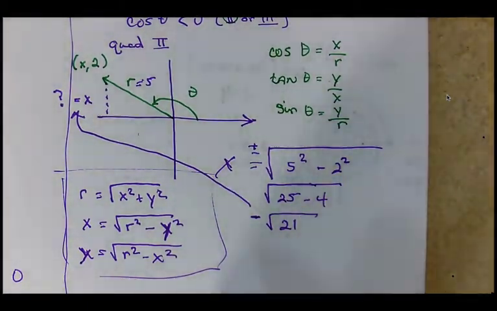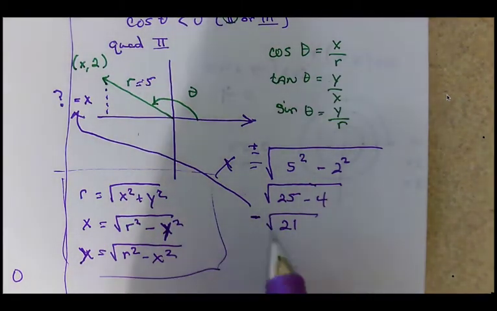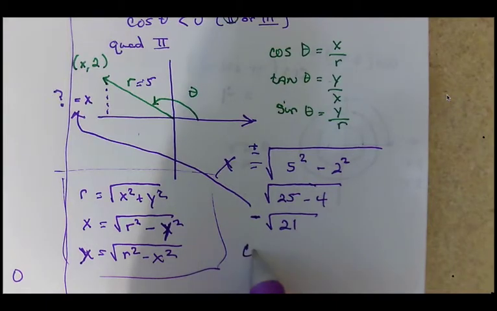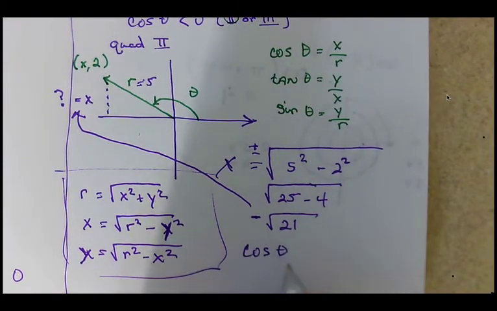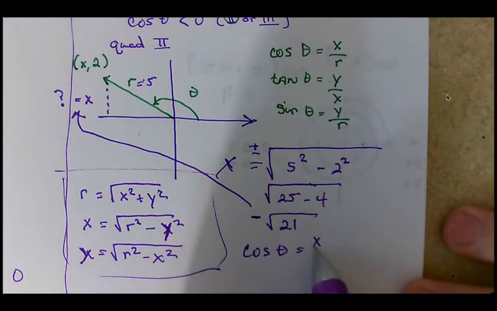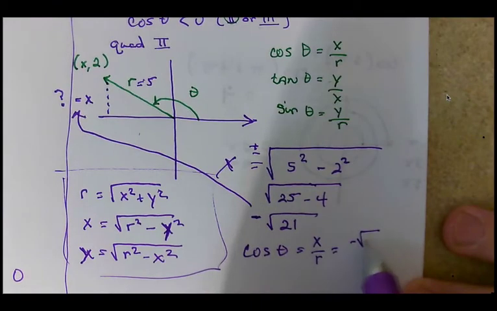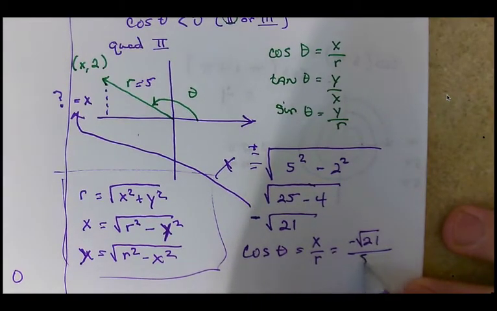The next piece I want to solve is cosine. Cosine of theta is equal to x over r, which is equal to negative square root of 21 over 5.